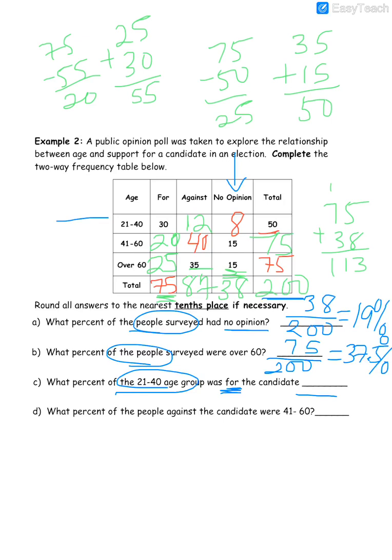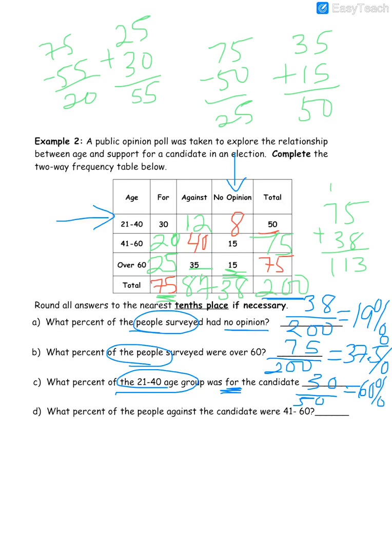So you can either look across or down. That's why I call them two ways. To look across 21 to 40, the total number of people there is 50. And I'm specifically looking for the people that were for the candidate. And in this case, 30 of them were for the candidate. And if I do 30 divided by 50 and I times it by 100, I don't have to do any rounding, I get exactly 60%.